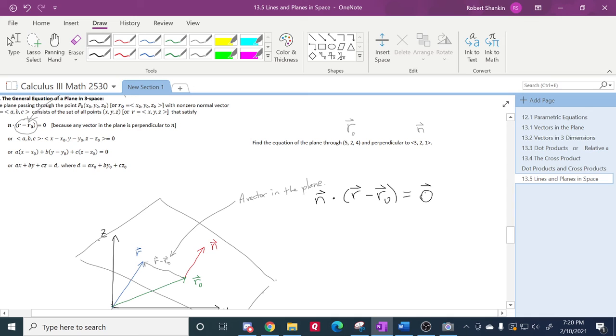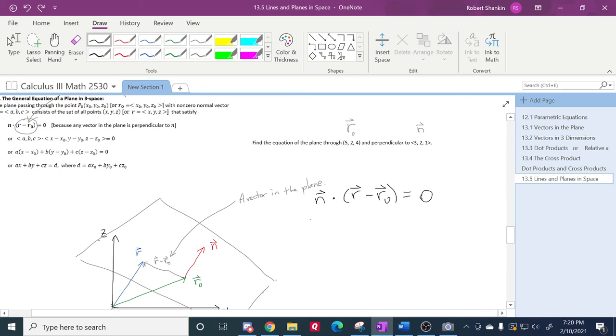And if we were doing cross products, we would have had to put that, because the cross product of two vectors is another vector. But the dot product of two vectors is a scalar, so it's not the 0 vector.